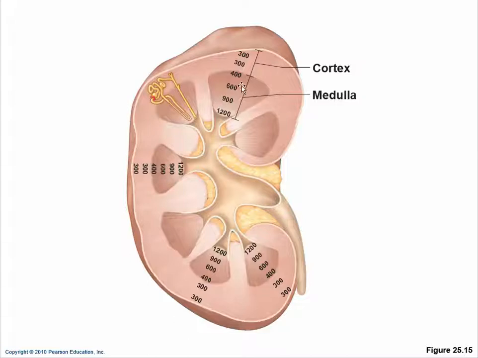By making the medulla very salty, we create a lot of osmosis, which then sucks more water out of the descending limb than would normally be able to be removed in normal tissue at 300 milliosmoles. In the depth of the medulla, it's 1200. So a lot more osmosis, which means a lot more water reabsorption.